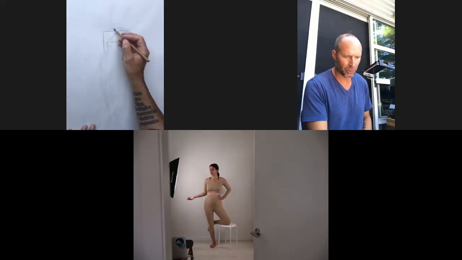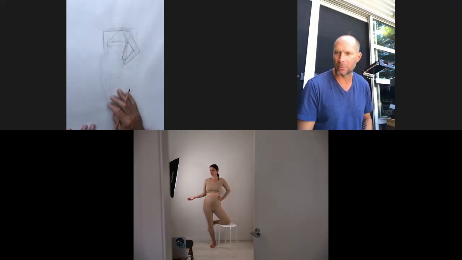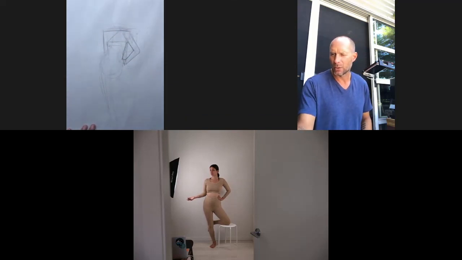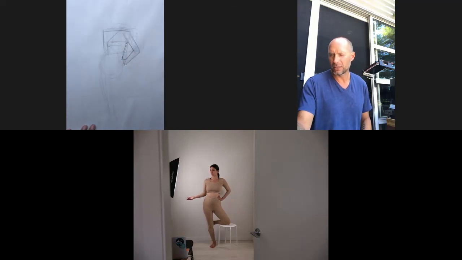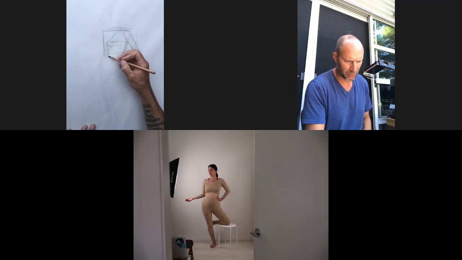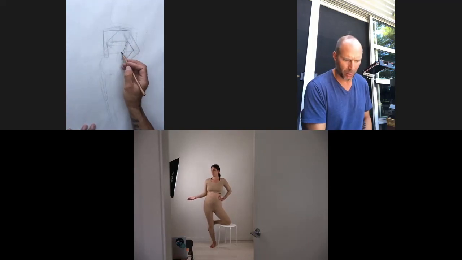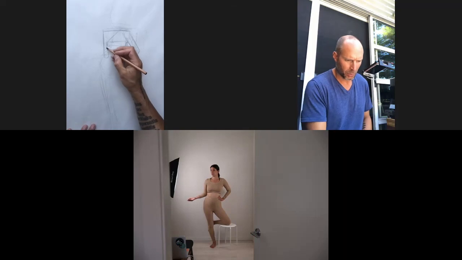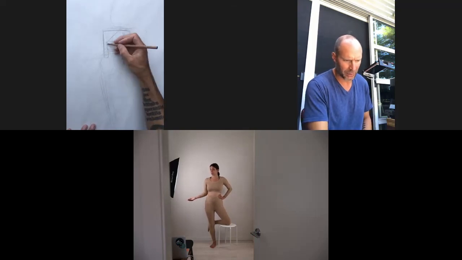It's actually easier to draw this whole section by taking that big measurement from the top of the shoulder to over here and guesstimating this. Likewise, where this elbow would be over here would be significantly easier for me to just start by doing something like this, so that I can then use, say, where the bottom of the top is going to be, which would make it easier for me to draw the bottom of the shadow shape of the breasts right underneath that or on top of that.